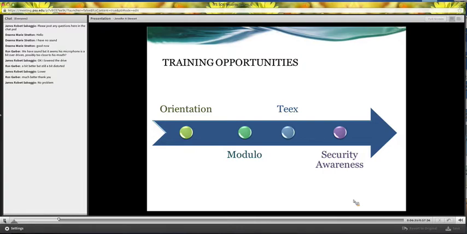Also, we'll have some pretty in-depth modular training for the boots on the ground security liaisons. They're not going to have to go very deep into Modulo, but they'll at least have to be able to get into the interface, be able to send out surveys and analyze some results. So we'll have training available for that.